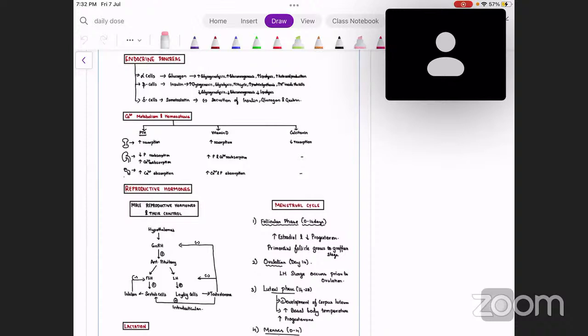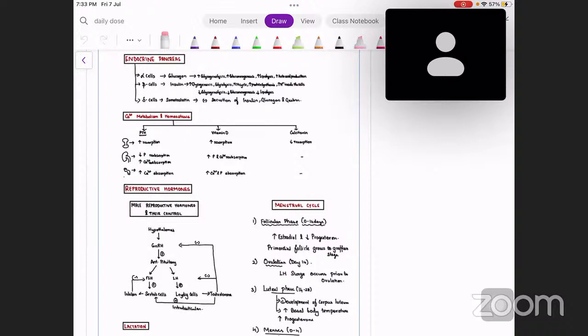Calculation of cardiac output through the Fick method, O2 consumption divided by AVO2 difference. And indicator dilution method, cardiac output, amount of indicator injected will be on the numerator, concentration of indicator will be on the denominator. What type of indicator is used in thermodilution? Normal saline. Okay.